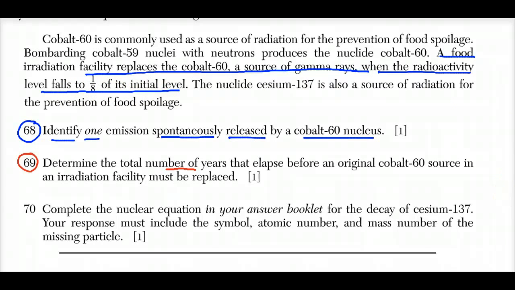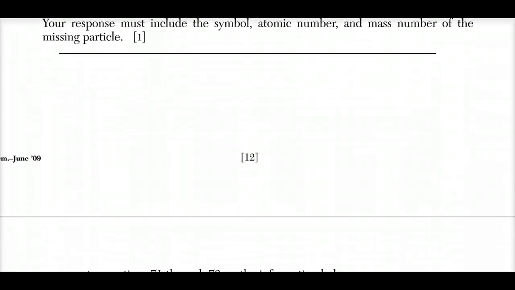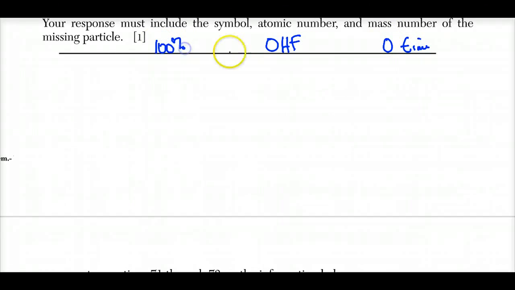So what we're going to have to do here is make some space and do a very basic half-life problem. I have 0 half-lives, 0 time, and 100% of my sample, which is the same thing as 1/1. After the first half-life, I have 1/2.